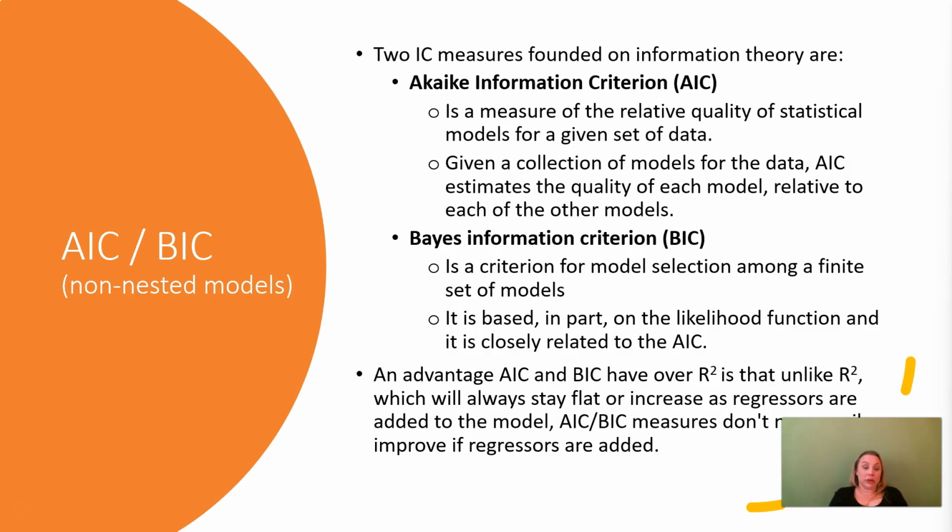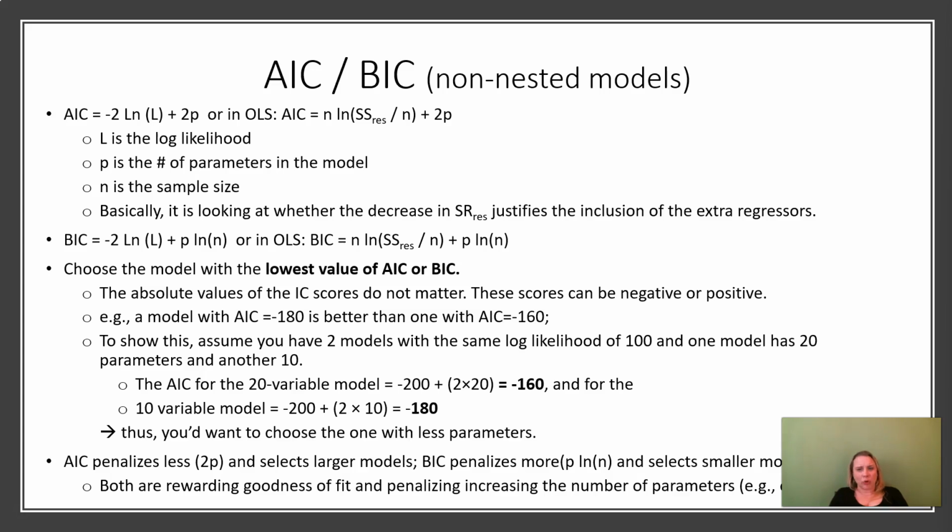One of the really cool things about AIC and BIC is that unlike R-squared, as I increase the complexity of my model, it doesn't really inflate these values. So that's kind of nice. If you're interested in how the Akaike or the Bayesian information criterion are calculated, here's a little bit of information on that so that you can look at that.